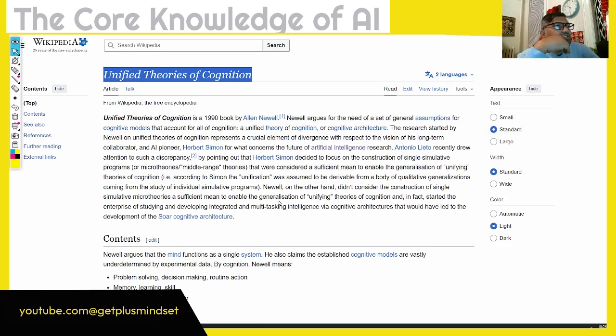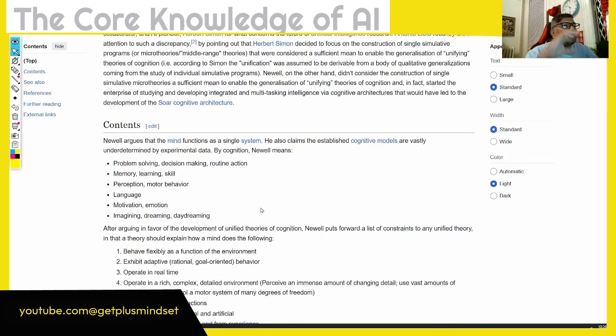The research started by Newell on the Unified Theory of Cognition represents a crucial element, and some of the AI pioneers contributed to this book. That is the background. Let's see what the content of this book is. That is a random book published in say 1990, more than 30 years ago.